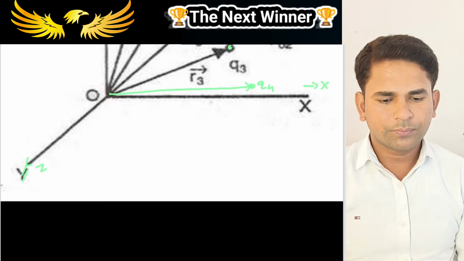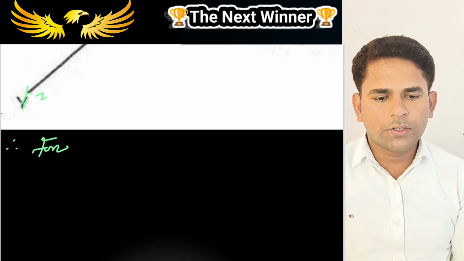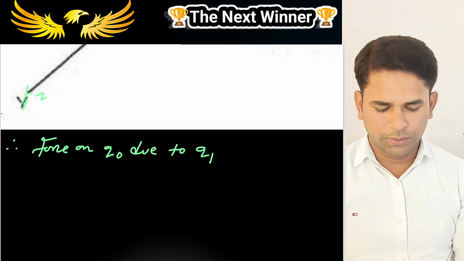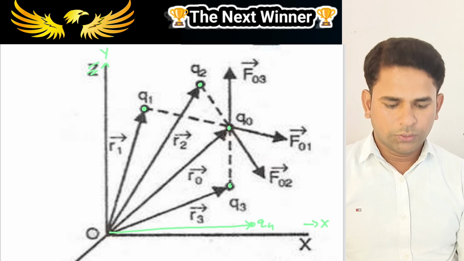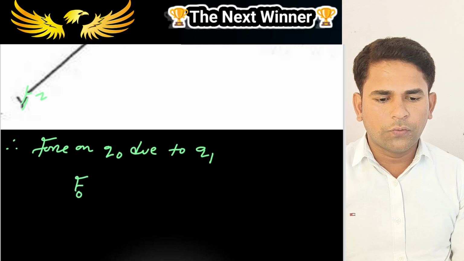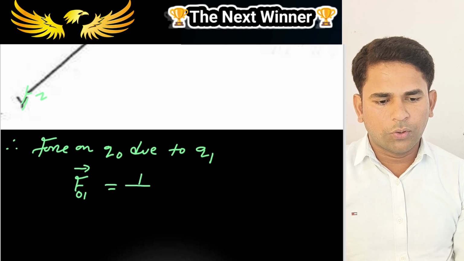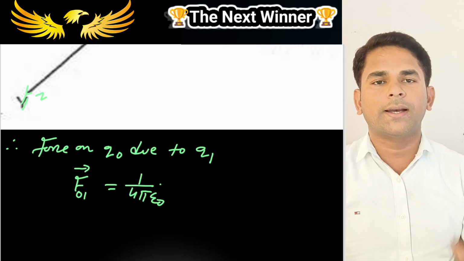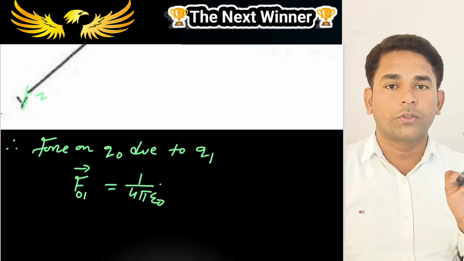Now suppose you are going to find the force on q0 due to q1. I am writing here, the force on q0 due to q1. You can write vector F01 equals 1 upon 4 pi epsilon naught into q1 q2 upon r squared, as in Coulomb's force formula.